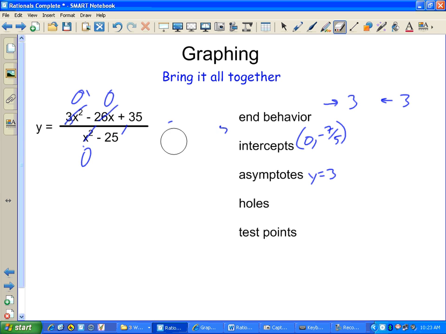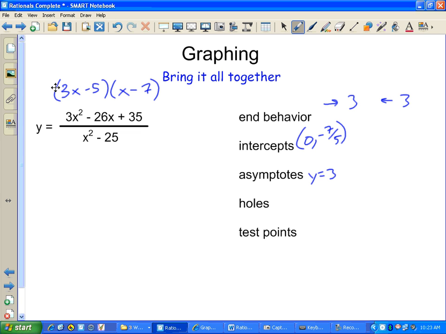To get my x-intercepts, I just want to know when the top is 0. So I'm going to factor, if this thing factors. So to get 35, I can do 5 and 7. If I put the 7 over here and the 5 here and subtract them both, I'll get my negative 26.